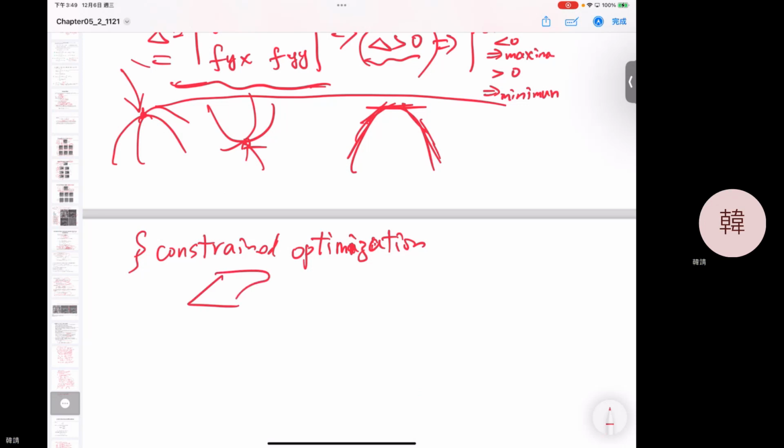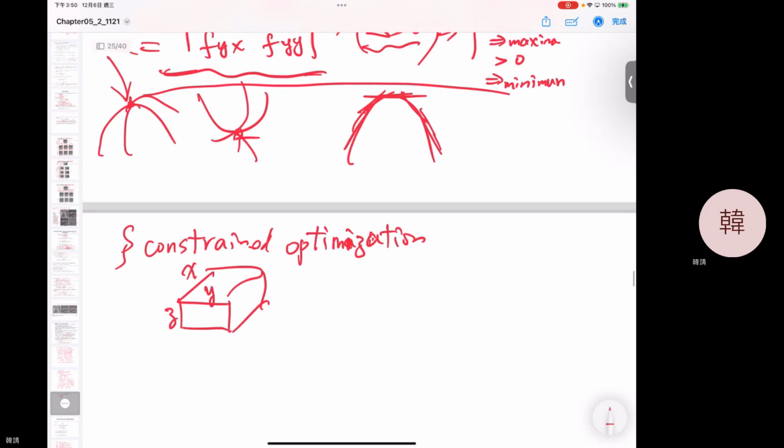If I have a box with 3 different dimensions, width, height, and longitude, you can see the volume of this one. Can you tell me the size of x, y, z that satisfies surface area A equal to a squared?